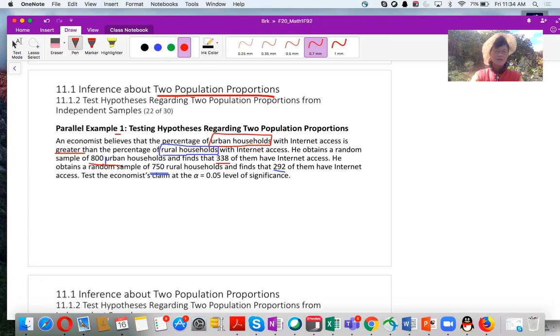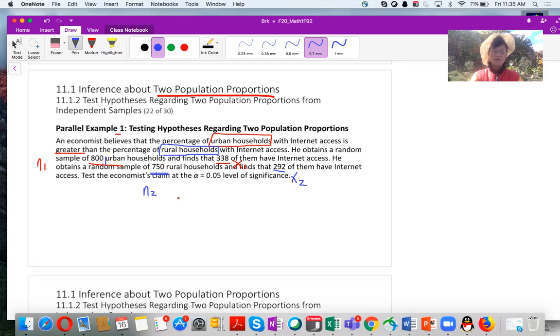One sample has size n1 equal to 800 and x1 equal to 338. The other sample has size n2 equal to 750 and x2 equal to 292.